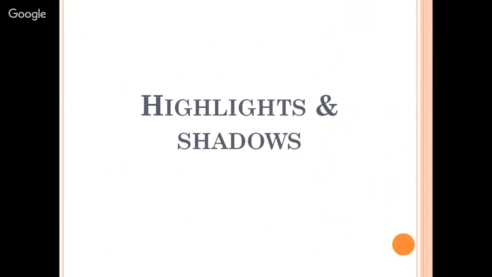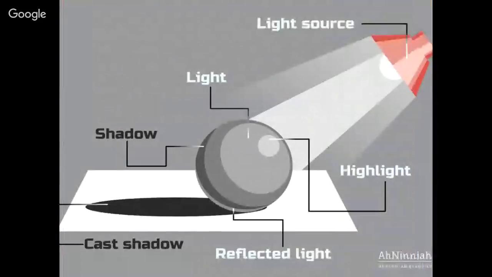The main thing is to figure out where the light comes from. For example, if you draw an object enlightened by the sun, you should know where the sun is. If it's on the top right, the shadow must be at the bottom left of the object.